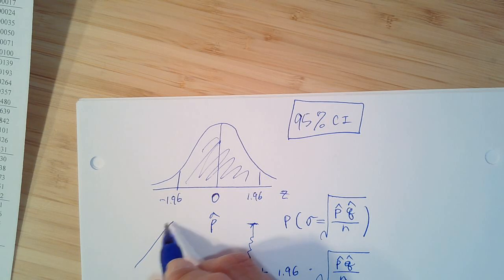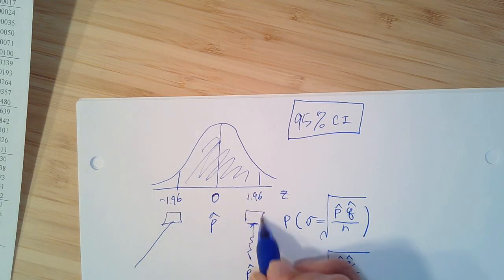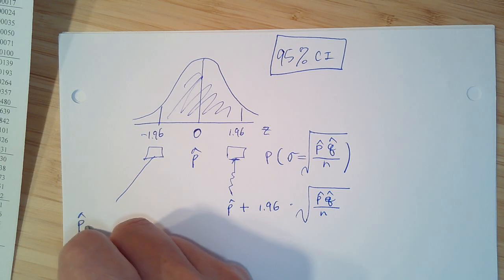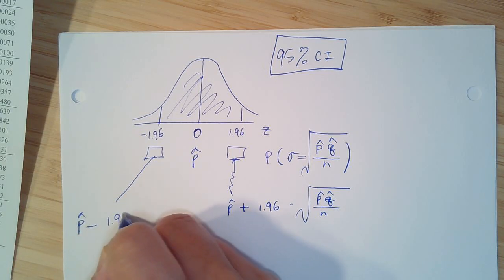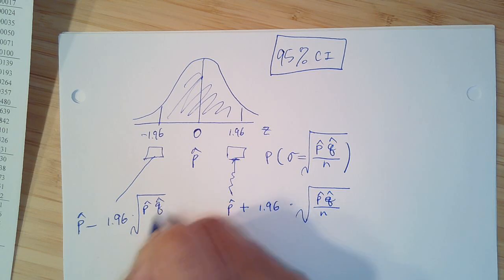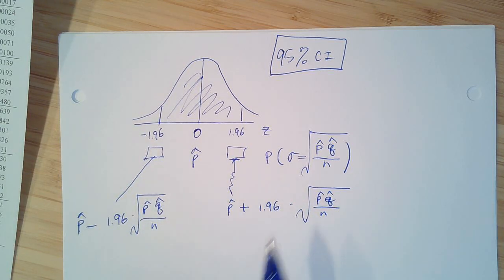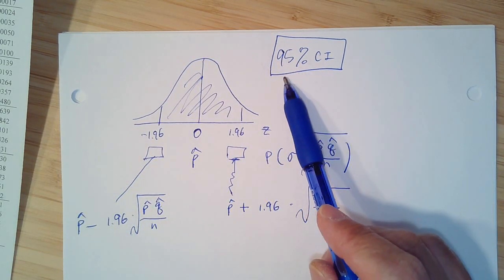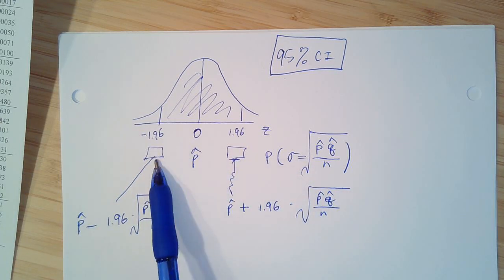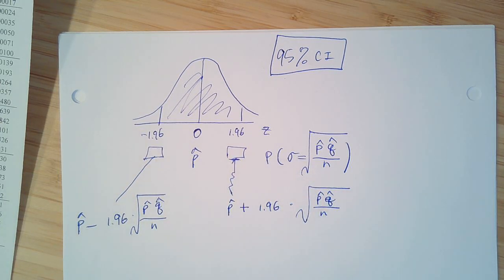And this number is going to be p hat minus 1.96 square root of p hat q hat over n. So I will be 95% confident that the population proportion is between this number and this number. That is going to be our confidence interval.